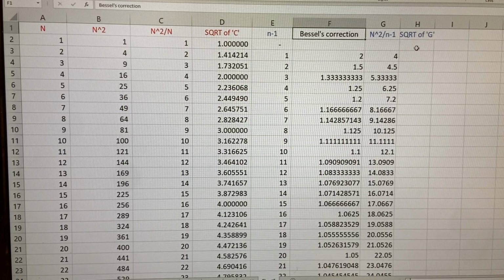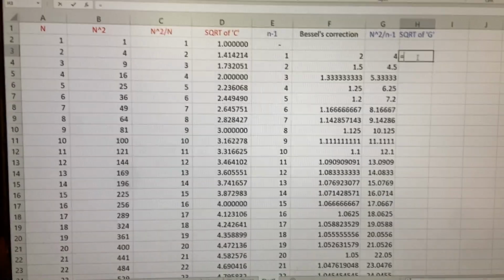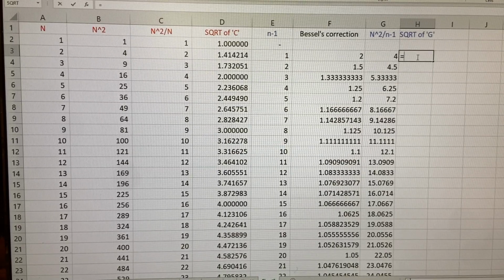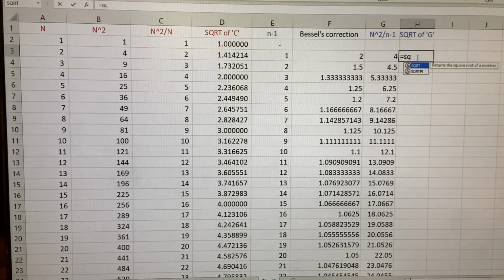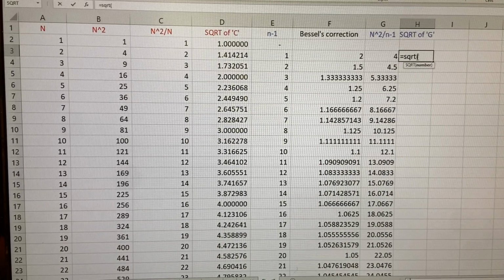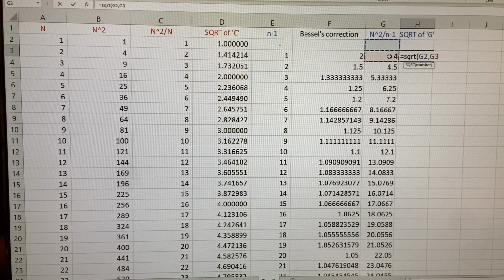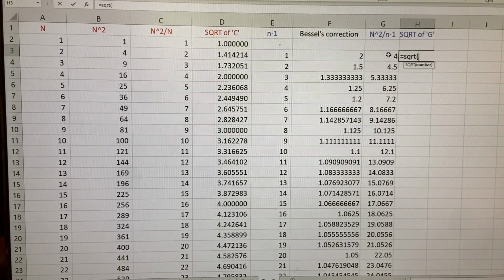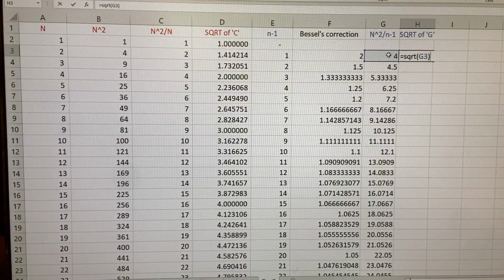So let's finish this calculation here. The square root of G, column G here, SQRT bracket, not that one, this one, just G3, no, G3 there.